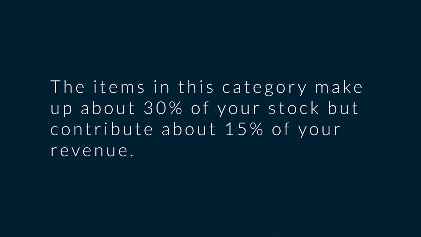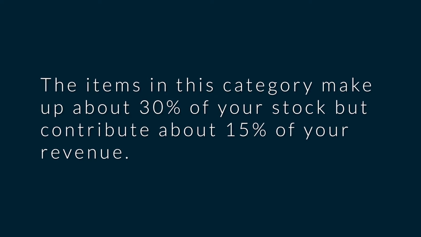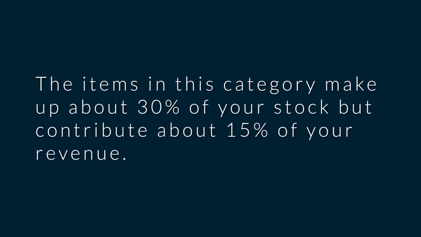So if you're a car manufacturer, the assumption is that things like engines and maybe gearboxes are things that you don't have a lot of. You probably just have like 20% of those, but then they give you 80% of the value. And then you have category B items, and in this case we're talking about 30% of your stock that contribute about 15% of your value.